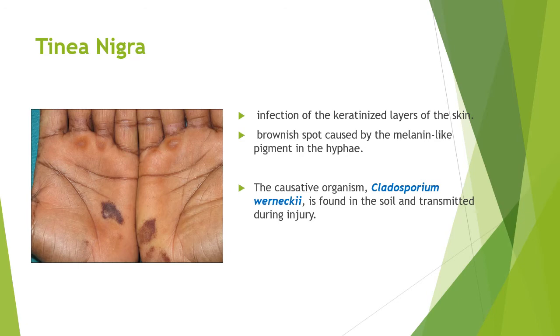The causative organism is Cladosporium werneckii, which is acquired from the soil. So if the person has injured skin and they touch or work on the soil, like farmers, for example, this is likely to be transmitted to the person.